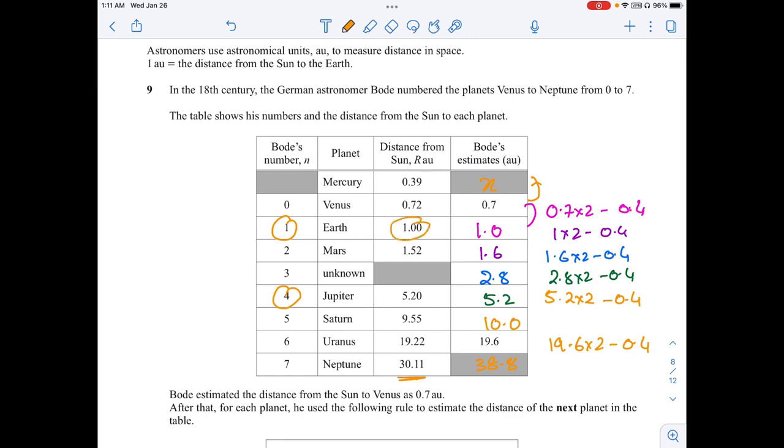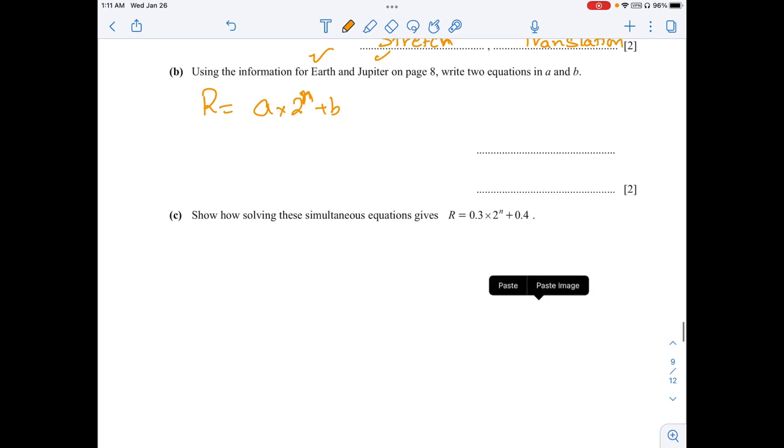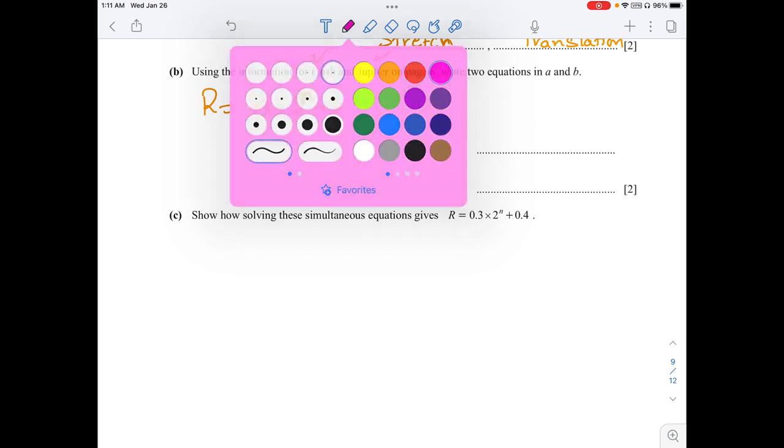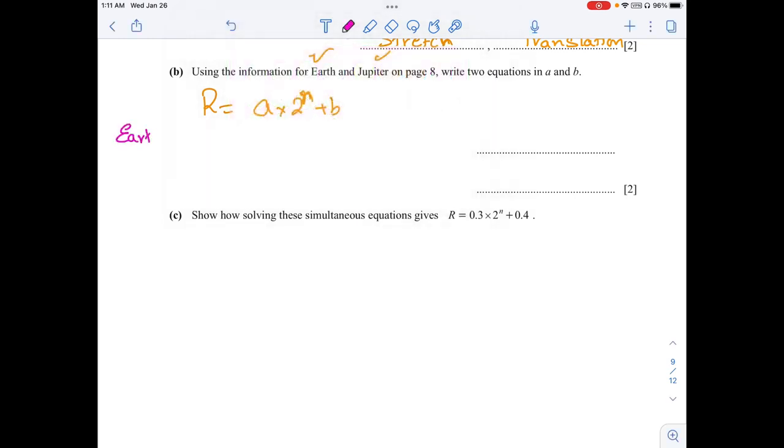And the distances are 1 and 5.2. For Earth, the distance is 1, so 1 is equal to a times 2 to the power of 1 plus b. So I get the first equation, 2a plus b is equal to 1.